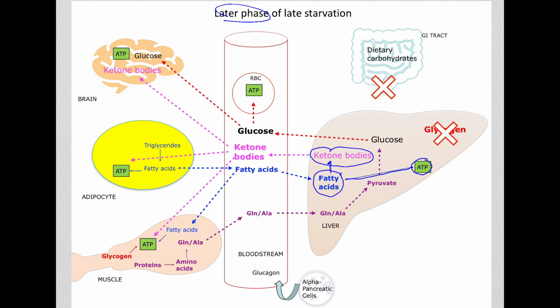Now these ketone bodies are exported into the bloodstream, and now the brain can use ketone bodies besides glucose. So now the brain has two sources of fuel, glucose and ketone bodies. So the brain starts using less and less glucose because now it can get its energy from ketone bodies. The red blood cells, however, cannot use ketone bodies. They continue getting their energy from glucose.